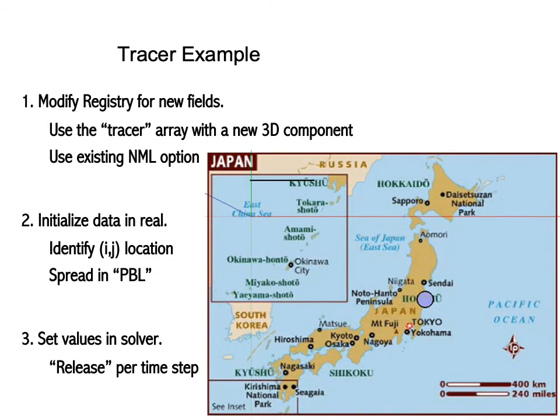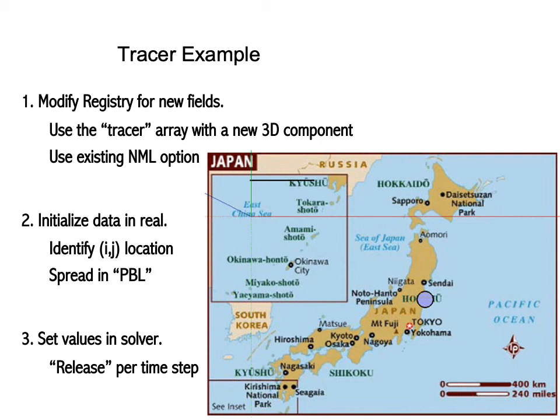The example we're going to show is a plume from the Fukushima event. What we're going to do is generate a model solution, center it over the Fukushima site, and then run a short 3-day coarse resolution forecast.